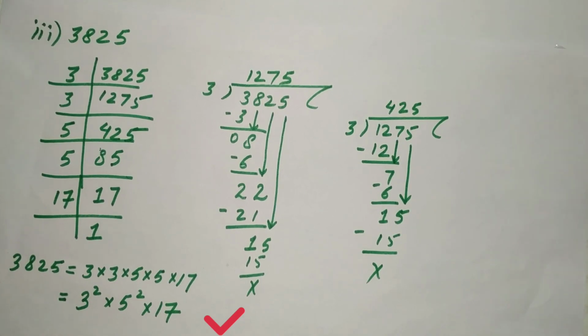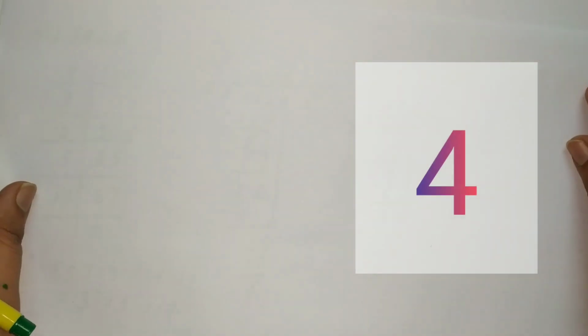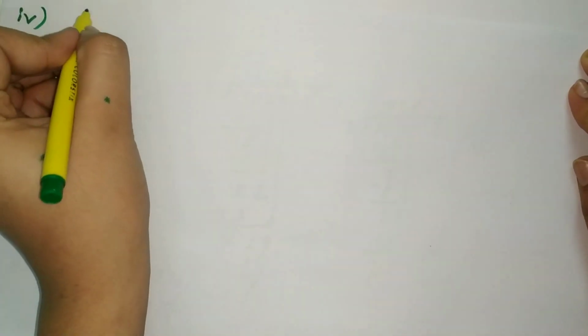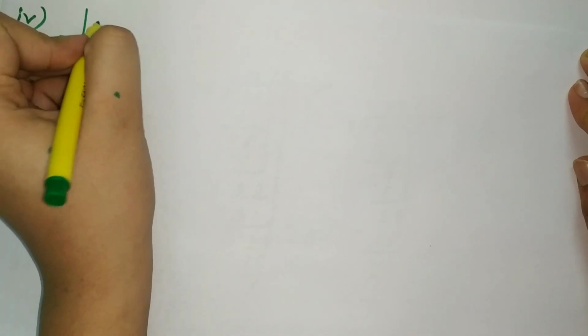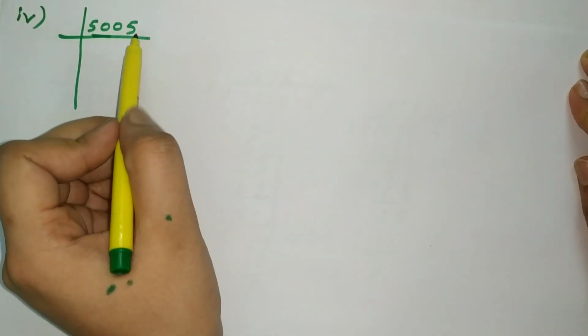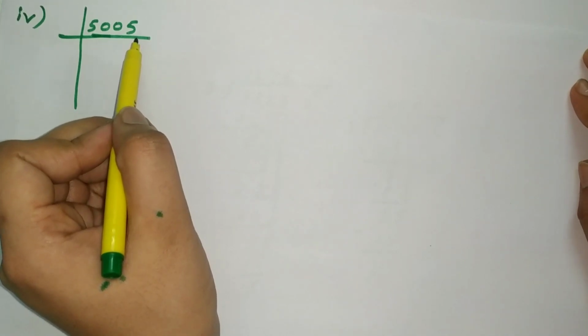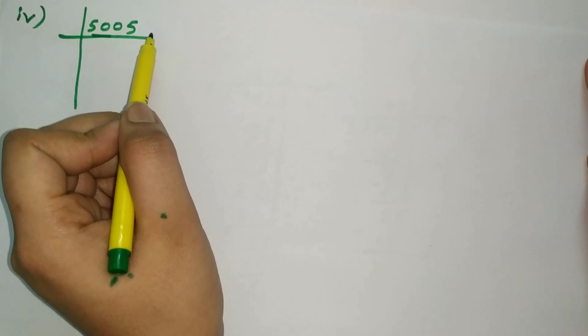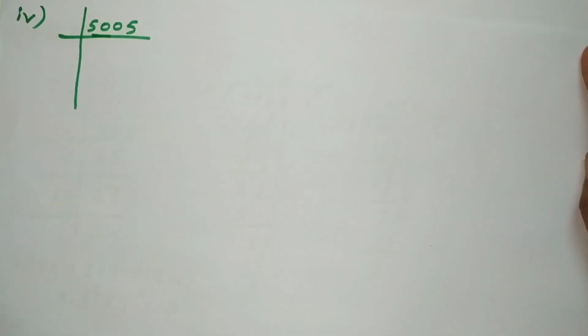Time for the fourth part of question number 1, where we have to find out the prime factors of 5005. Since 5005 ends with 5, it's not divisible by 2. 5 plus 5 is 10. 10 is not divisible by 3, but it's divisible by 5.